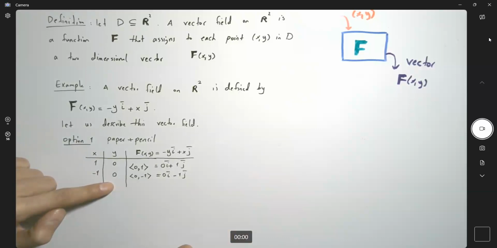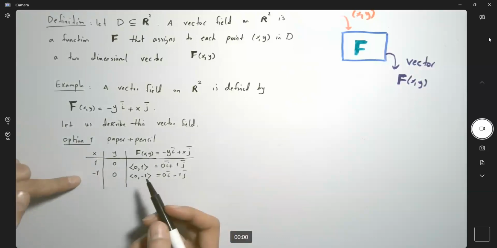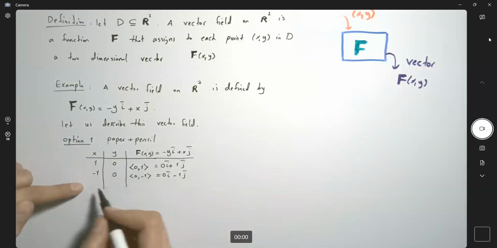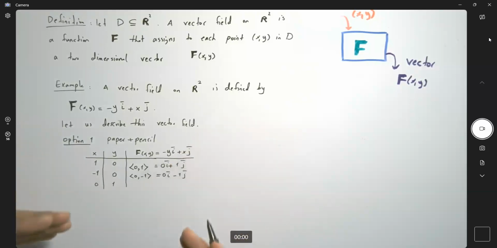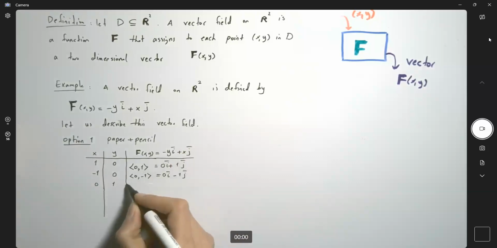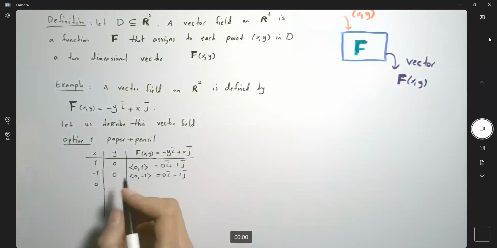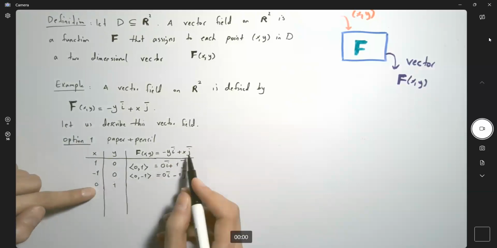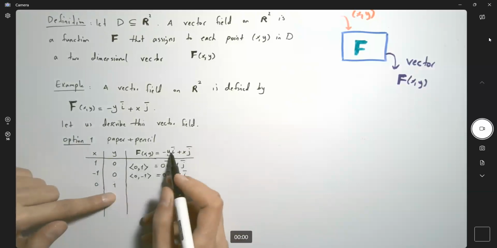Let's plug in another point, for example 0 and 1. Why not? If you have time, you can plug in as many ordered pairs as you like, find the vectors associated with those x and y's, and then graph them. So my x is 0, my y is 1.